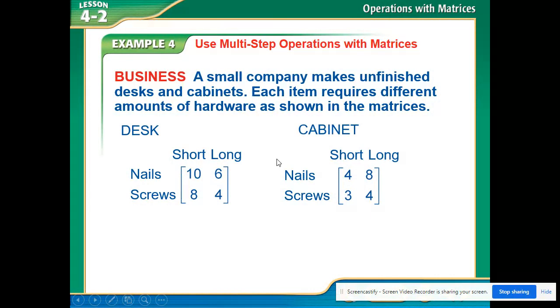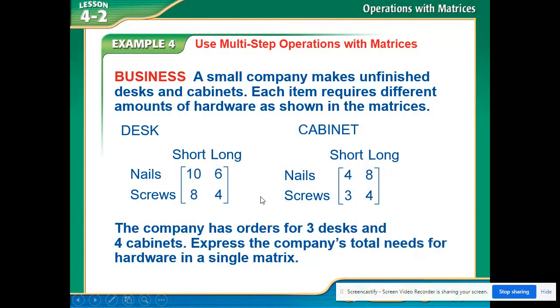We can even do that in some sort of a problem like this. We have a small company that makes desks and cabinets. Each one requires different amounts of hardware. We have short nails and long nails, short screws and long screws. This is what a desk takes. This is what a cabinet takes. So we can figure out how many of each type we want if we order 3 desks and 4 cabinets.